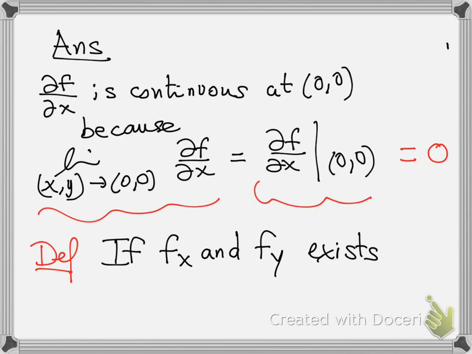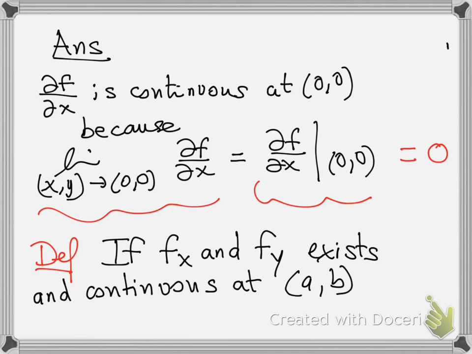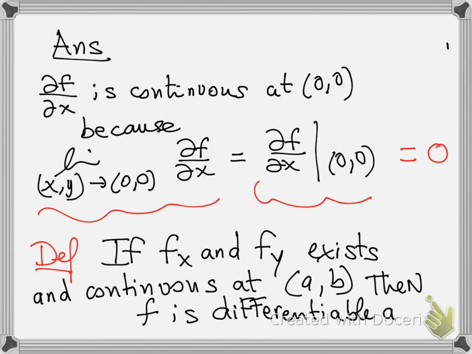But if the partial derivatives exist and are continuous at a, b, then we say that f is differentiable at a, b. Okay.